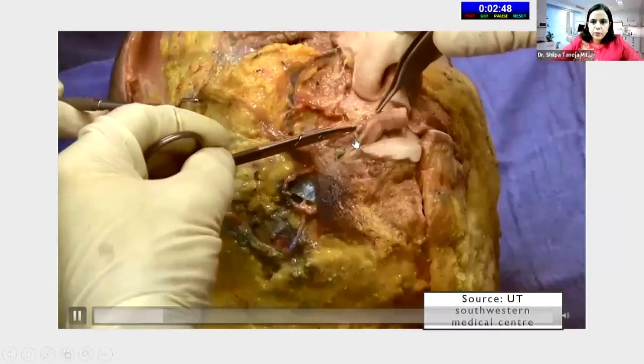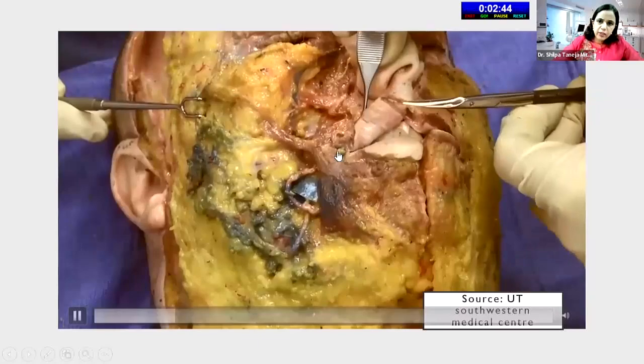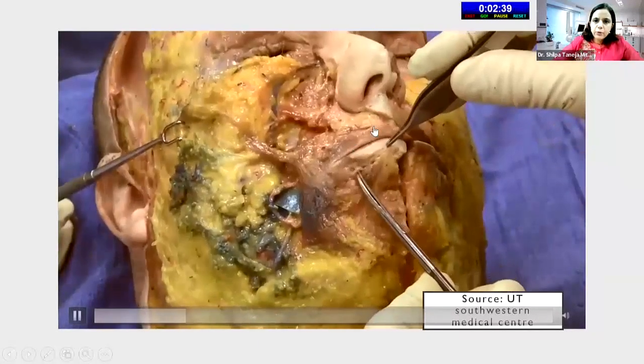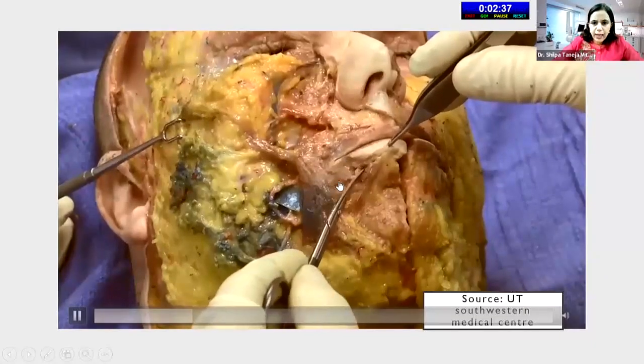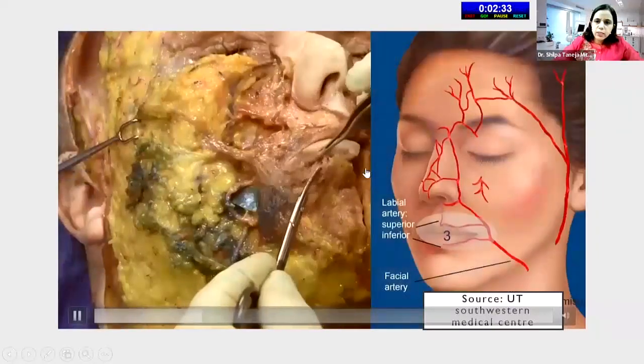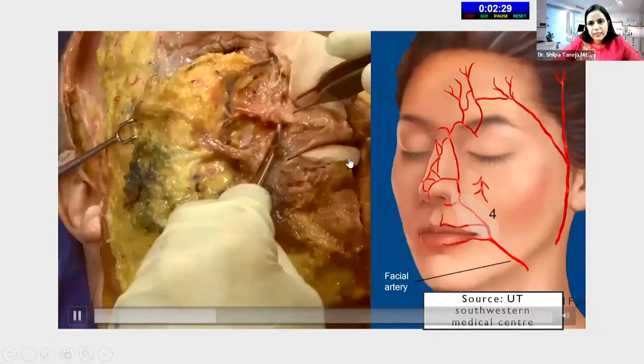Here in the superior lip, it gives a branch, the superior labial artery, which lies at the junction of wet and dry vermilion, deep to the orbicularis oris muscle, and the other branch, inferior labial artery, which lies deep to the DLI. Here, we can see this artery here.